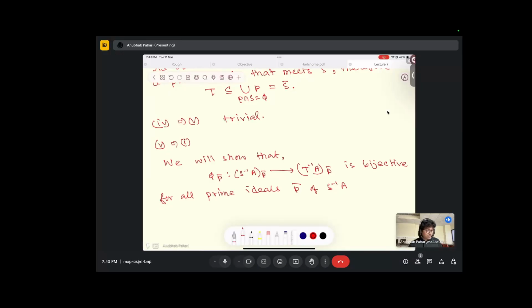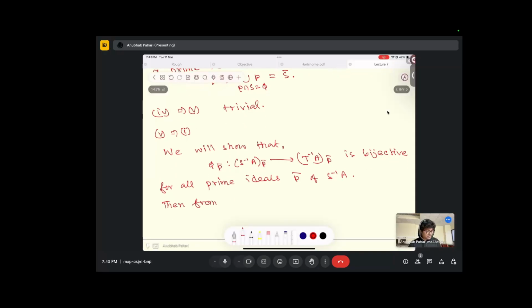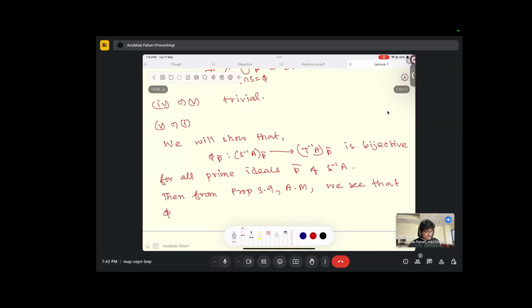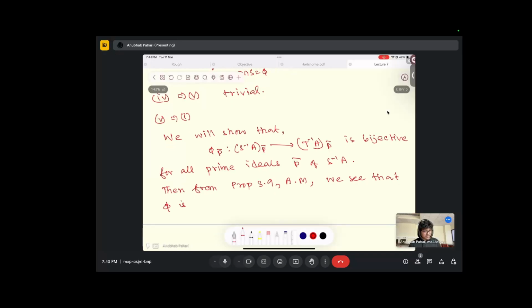Because injection and surjection both are local properties. Then it's a standard theorem in Atiyah-MacDonald, proposition 3.9, we see that phi is bijective.